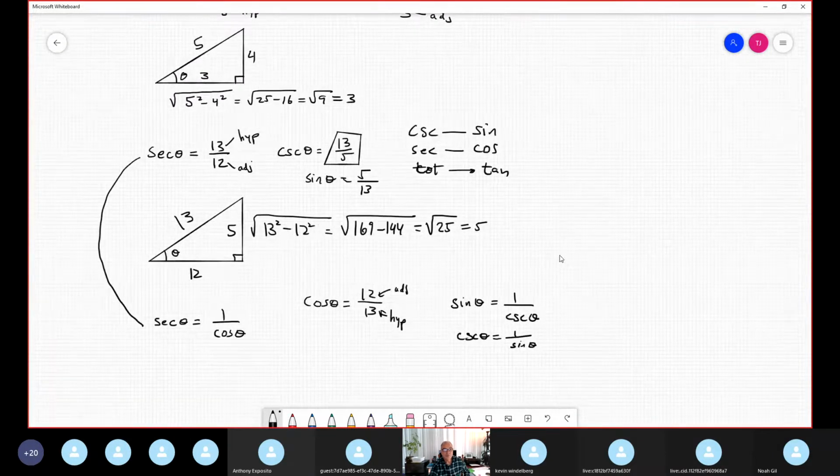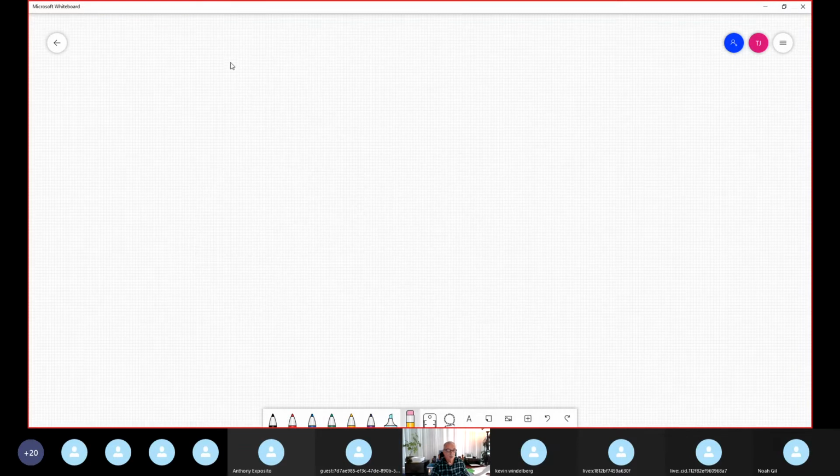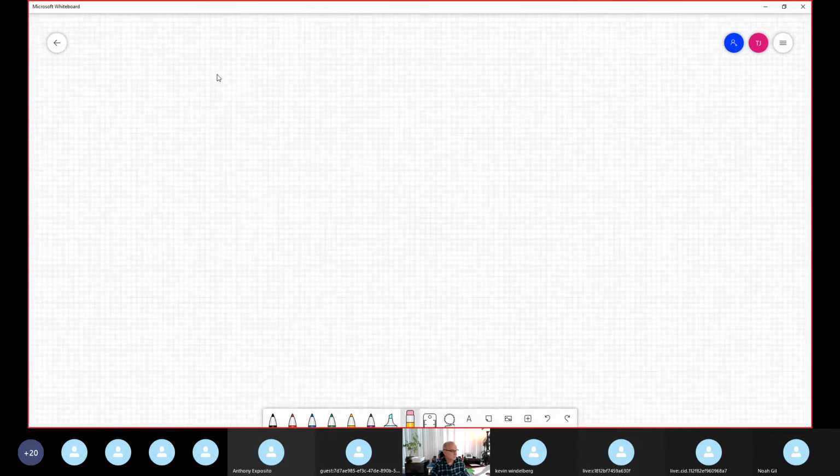Clear or confusing? Clear. Let's practice. Little by little, you understand this. Suppose another example. Suppose sine is given.